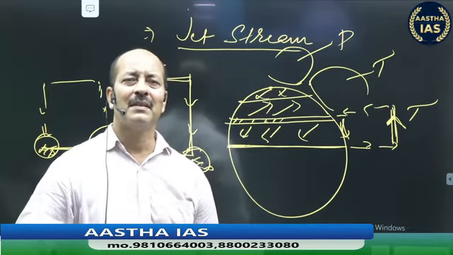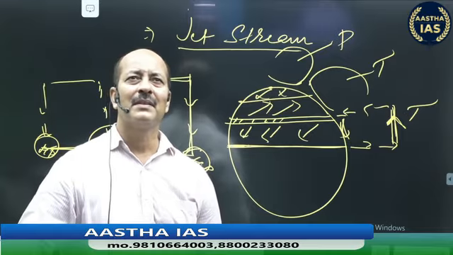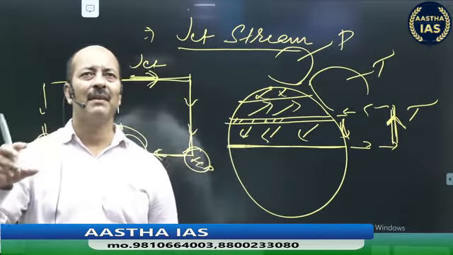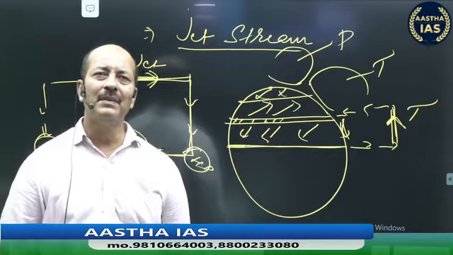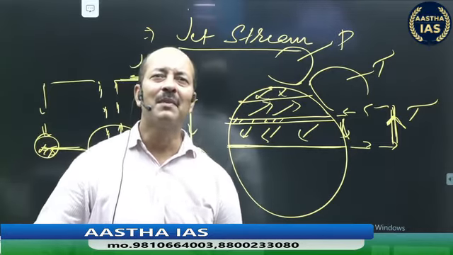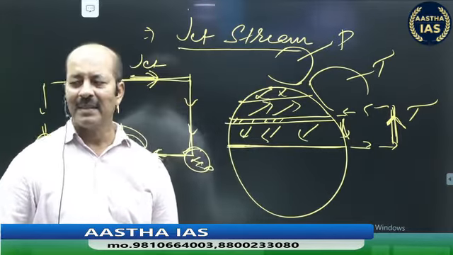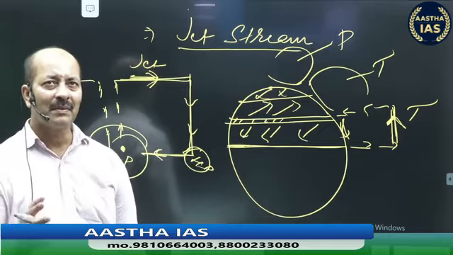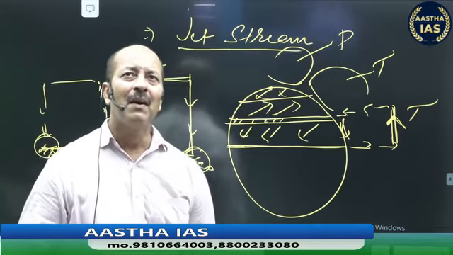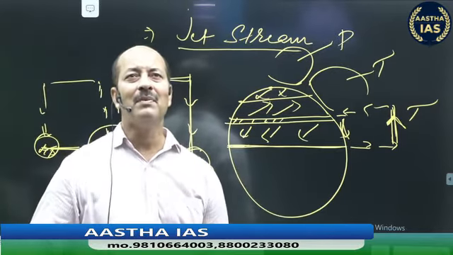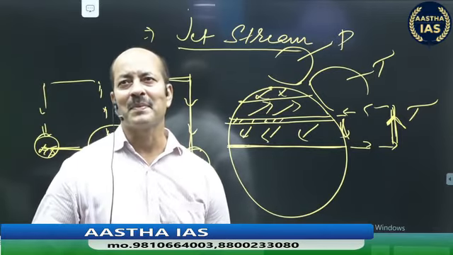So the meaning of jet stream, the functioning of jet stream will help you to understand the mechanism of Indian monsoon. Getting this one? Now I'm coming to the next concept area, how the jet stream is very helpful to understand the Indian monsoon.